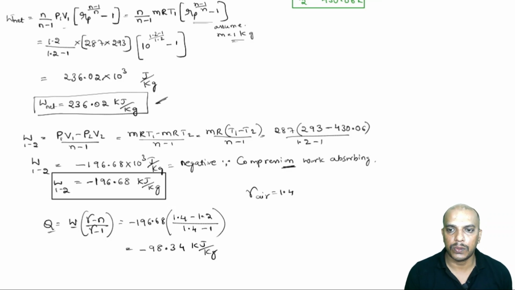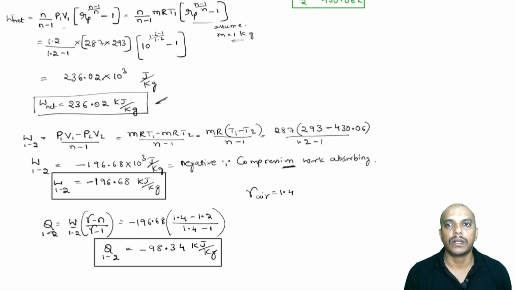Now this is our Q12. For Q12, we substitute W12, which is what we have done. So this is our answer for the heat transfer during process 1 to 2.